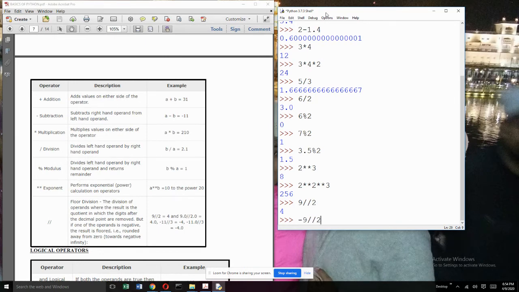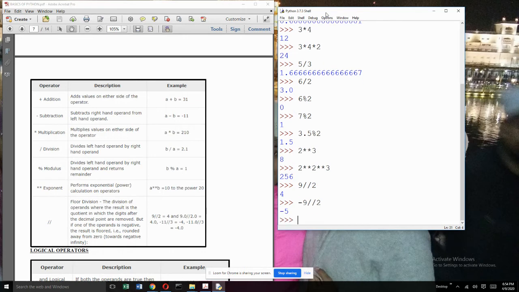It will be minus 4.5. If you see, minus 4.5 lies between minus 4 and minus 5. So it is the smaller number, farther away from 0, which is minus 5. So the answer will be minus 5, not minus 4. So this is the floor division operator, forward slash, forward slash.